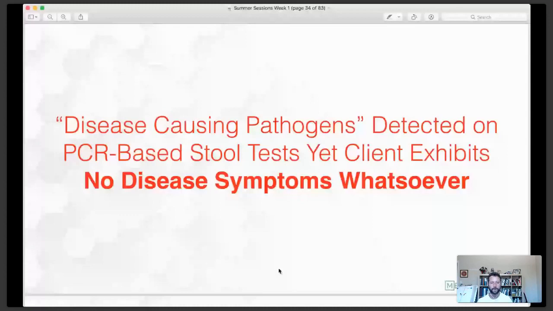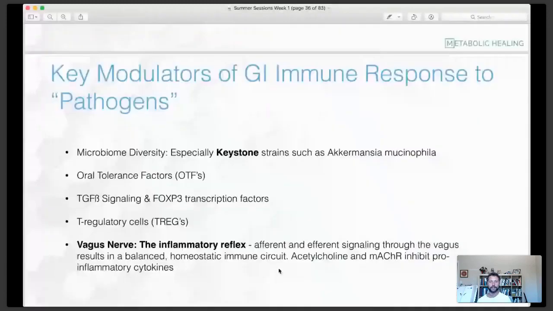Why? Well, as you start to dig into what is regulating the gastrointestinal immune response, you're dealing with the body's own mechanisms that control what bugs are doing. So we know from some of the more recent microbiome diversity research that it's now about controlling the keystone strains, such as Akkermansia muciniphila, Bifidobacterium, and Faecalibacterium prausnitzii.